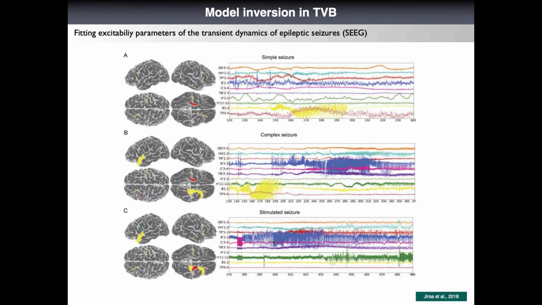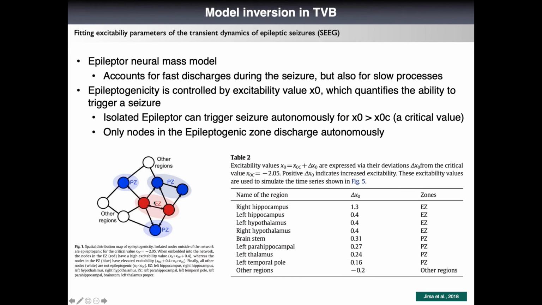So the idea is here we can generate seizures, we can compare them with existing seizures we measure with SEEG, and we can tune some parameters that will tell us where might be the problematic tissue, the so-called epileptogenic zone. In other words, the actual tissue that is pathological and generates the seizure, and distinguish it from other parts of the network that are only propagating the seizure.